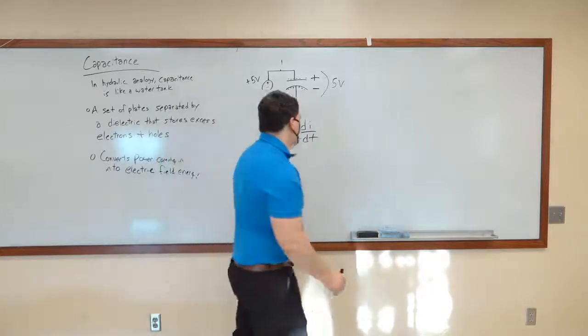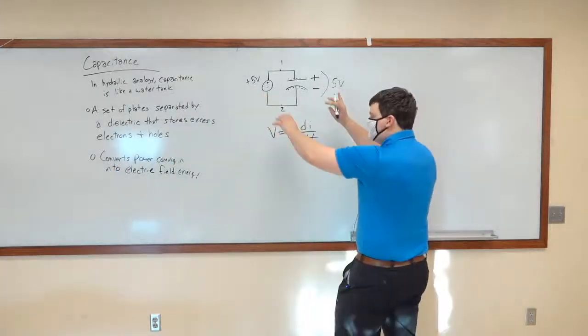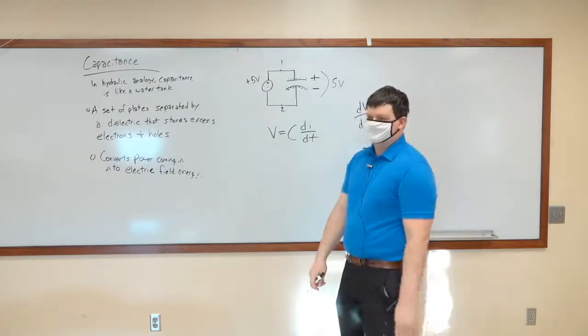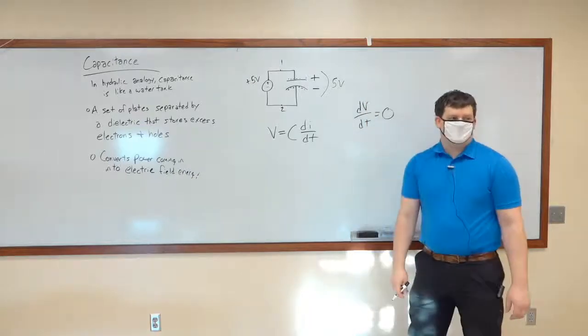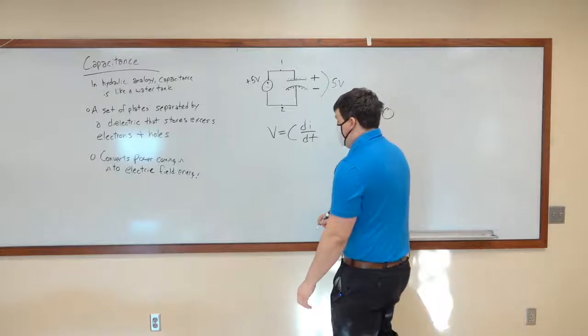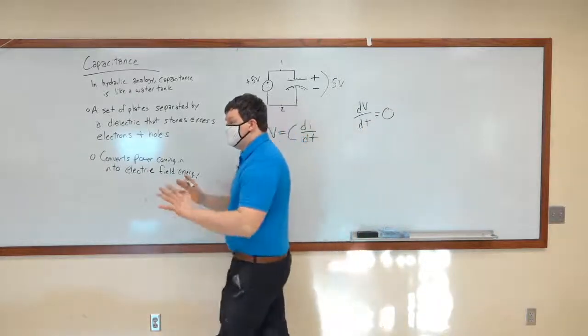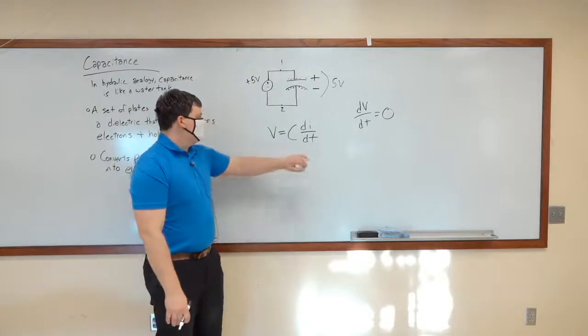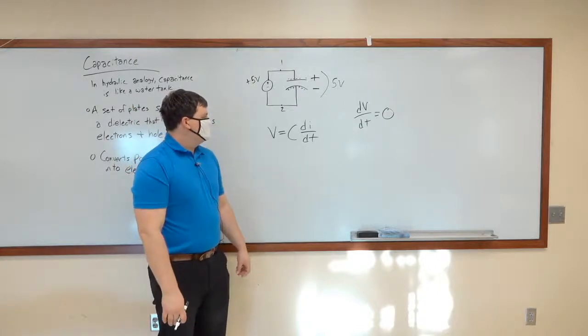If it does not change, the way that I have this circuit set up, that means dV dt equals 0, right? Right? Okay, no change in voltage, dV dt equals 0. That doesn't actually mean anything to us.